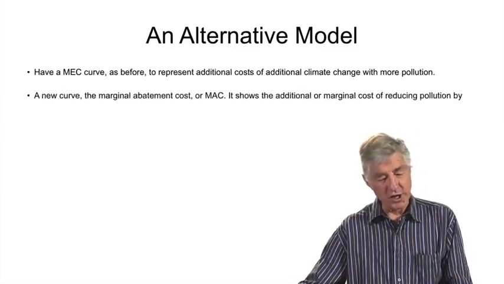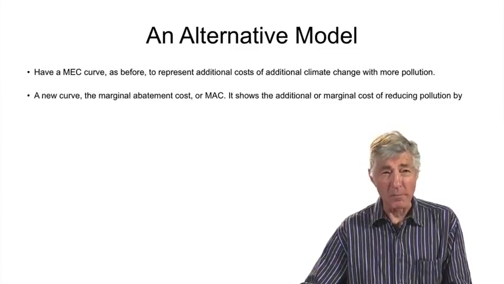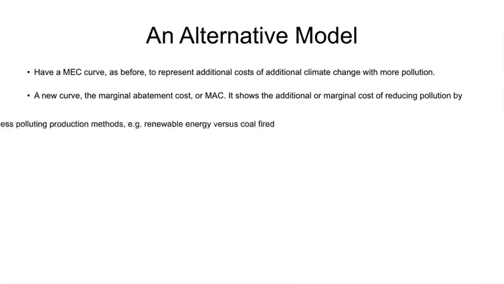What's new is we're going to add a marginal abatement cost curve, or a MAC as I call it. It shows the additional or marginal cost of reducing pollution. So if we think about reducing pollution, how do we do that? Well, think about electricity.